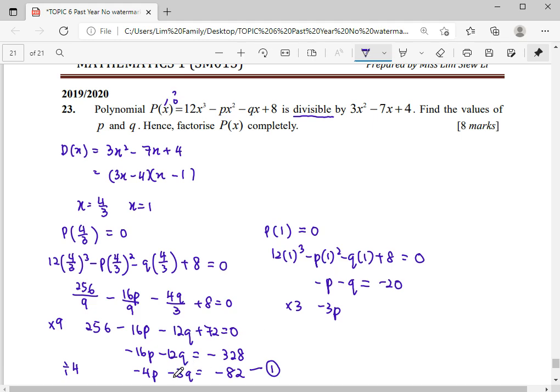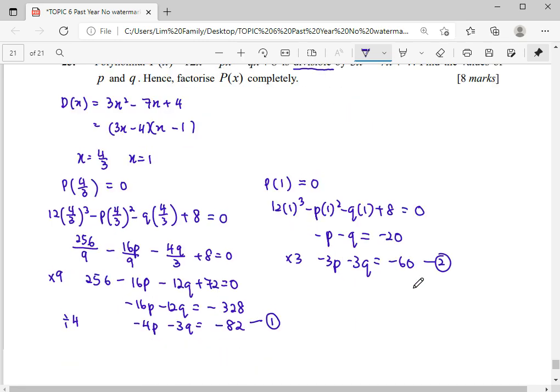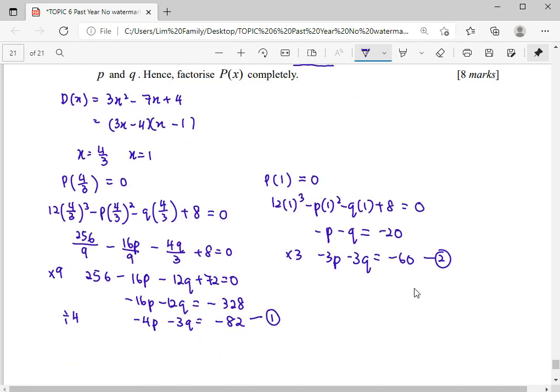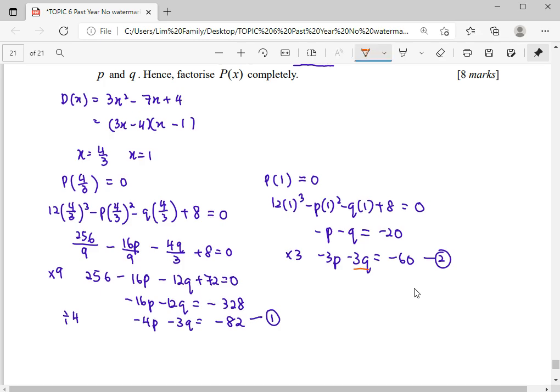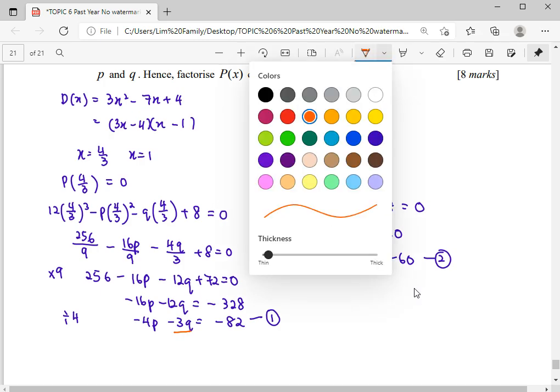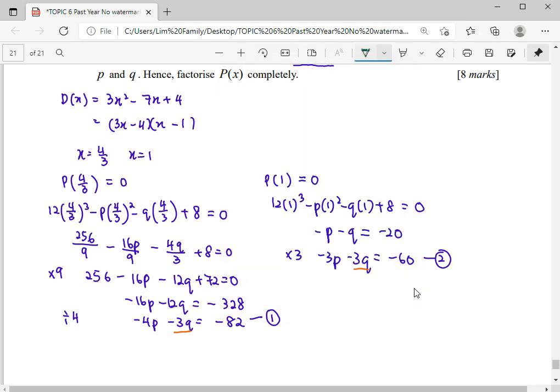In order to simplify our simultaneous equation, we make it same, in order for us to eliminate the value of Q. Okay, so from here we can start doing 1 minus 2.